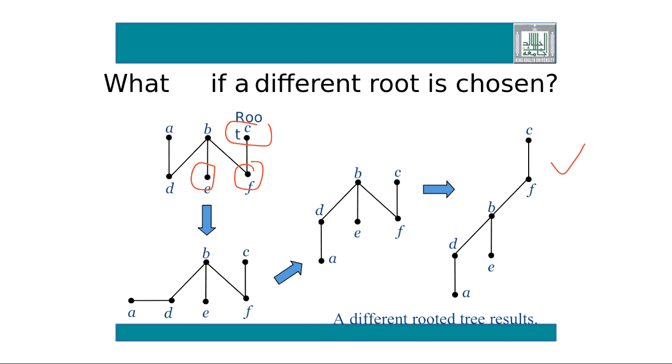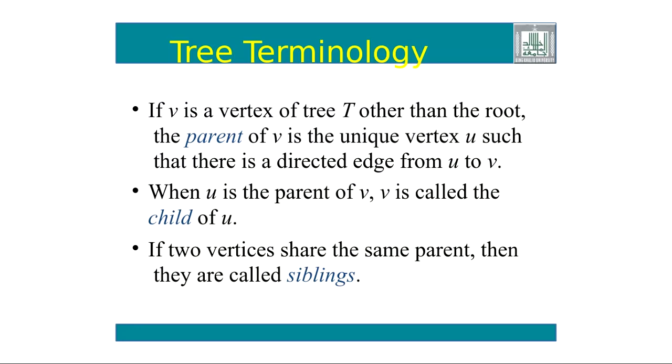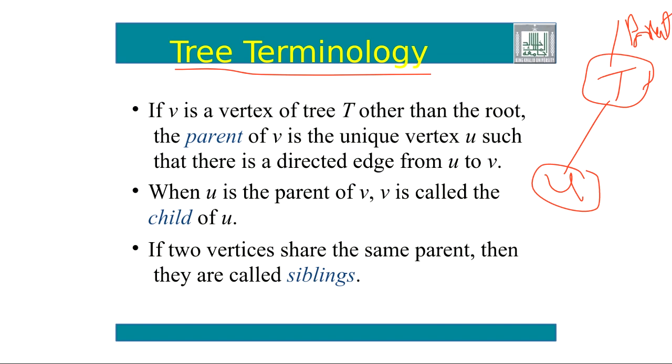Then coming to tree terminology. Normally we denote a tree by capital T. Other than the root, suppose this is the root; we can say this root is a parent. After that there is some unique vertex, like U, and another like V. This is called a child.